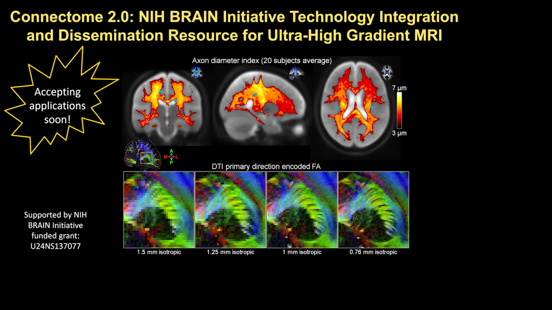We just received word on this funding about 2 weeks ago, and we're now setting up the processes for this. So I really welcome anyone and everyone who's interested in using this scanner. I'm happy to talk to you all more about that.